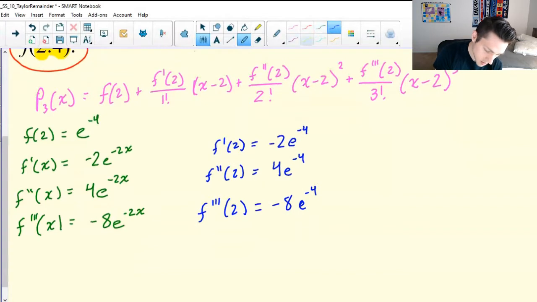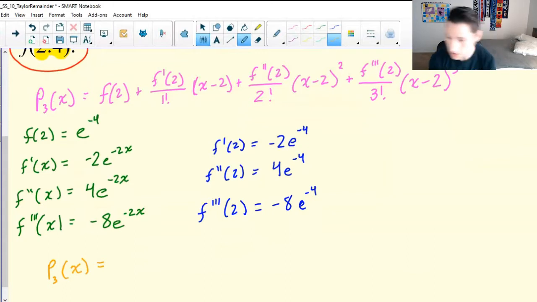Let's actually plug this in now. I'm using that same pink equation from above and plugging in the values that I know. That first term, e to the negative 4th, we could also write like this, 1 over e to the 4th, whatever, doesn't matter.